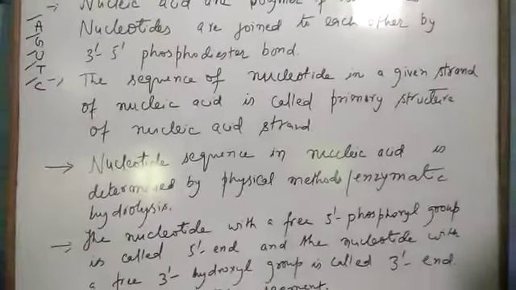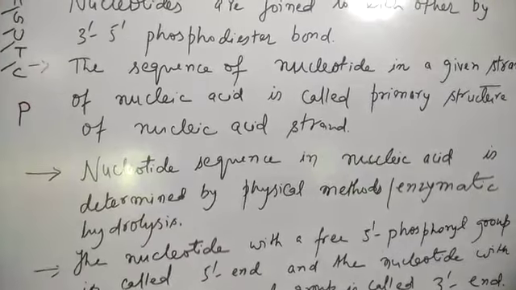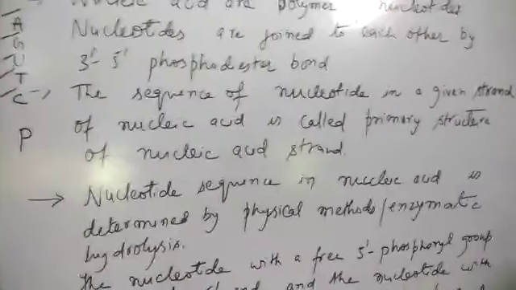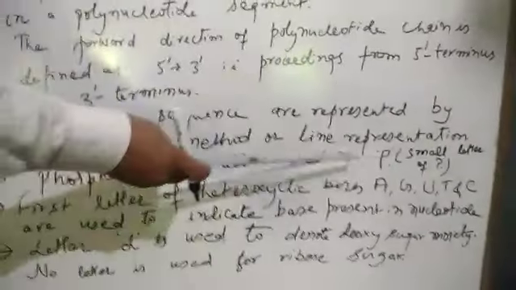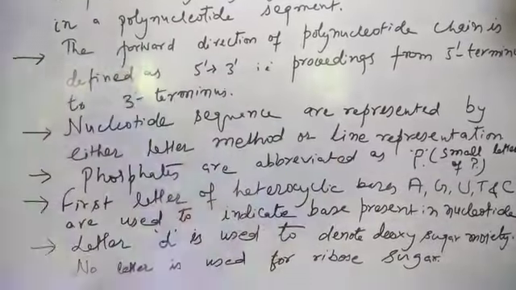Now obviously one of the components is phosphate. You write a small p for phosphate. Here I have written that phosphates are abbreviated as P, a small letter p.